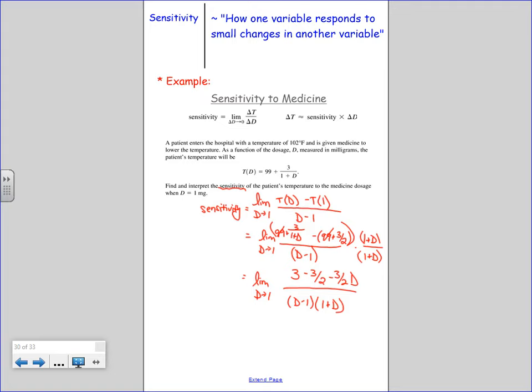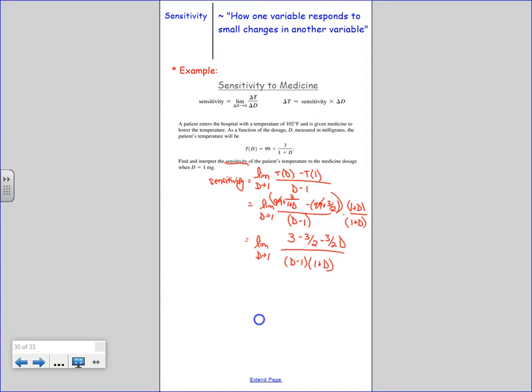Pull out a positive 3 halves, which gives 1 minus D, the same as pulling out a negative D minus 1. So we get negative 3 halves over 1 plus D.